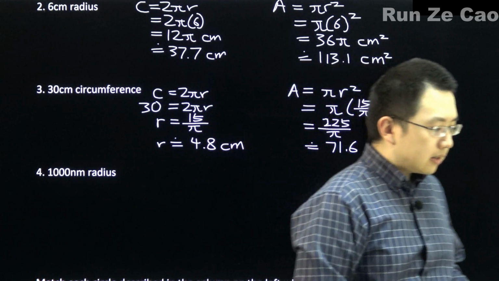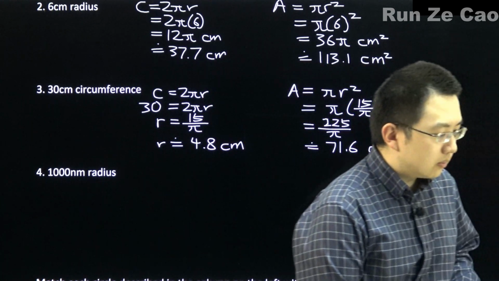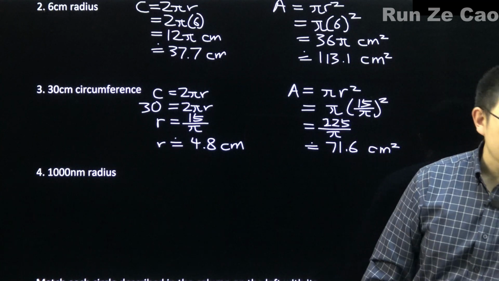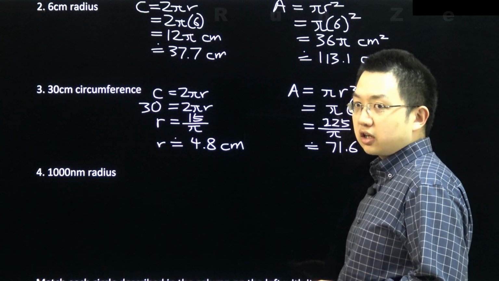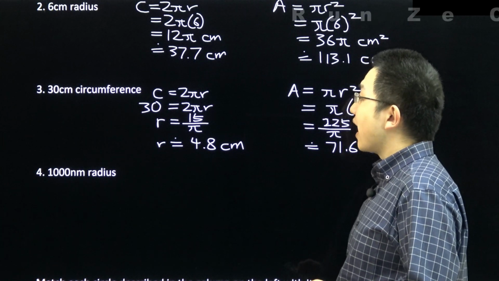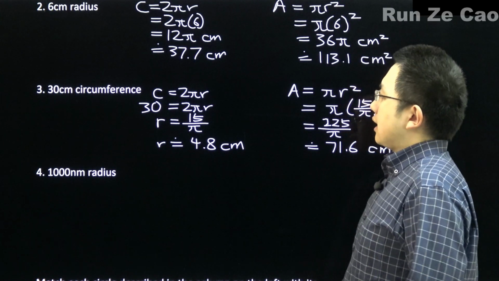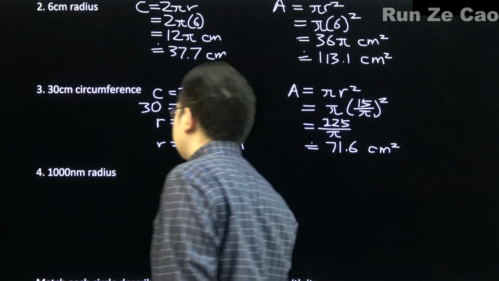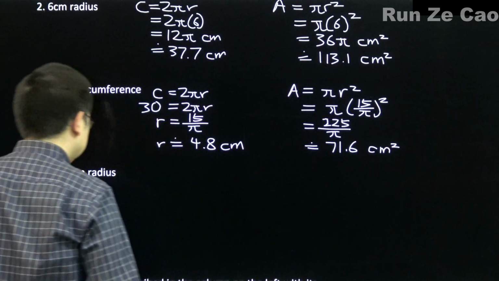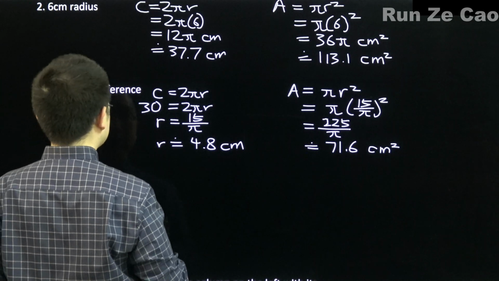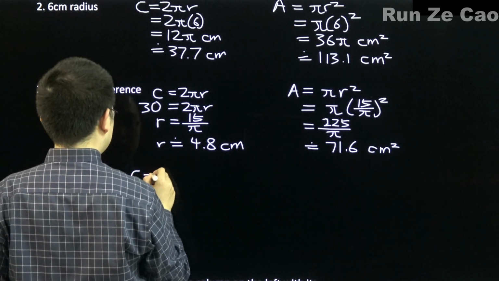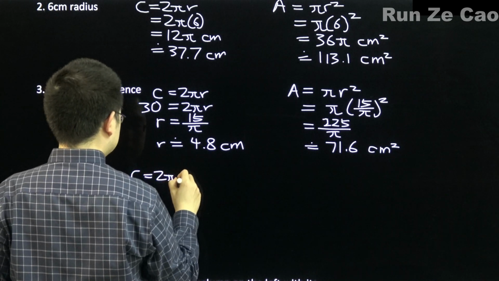Okay, now let's say we have a 1,000, this is nanometers, not nautical miles. Nautical miles is NMI. Nanometers are very small things. But okay, the radius is 1,000 nanometers. Circumference is 2 pi r.